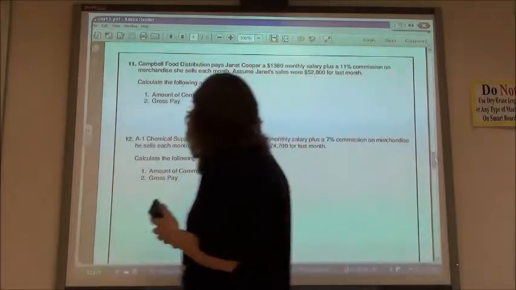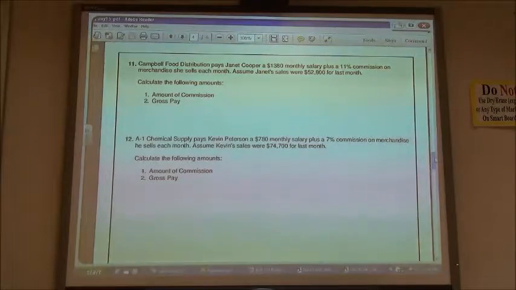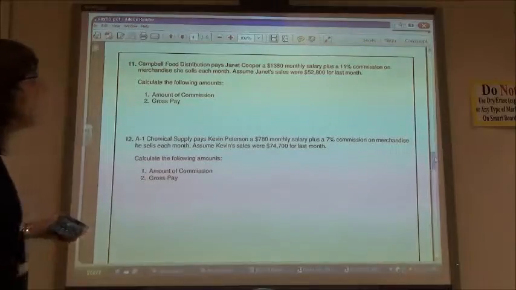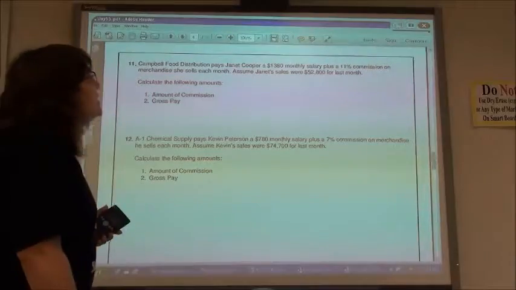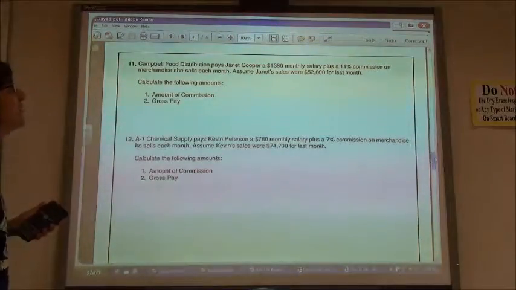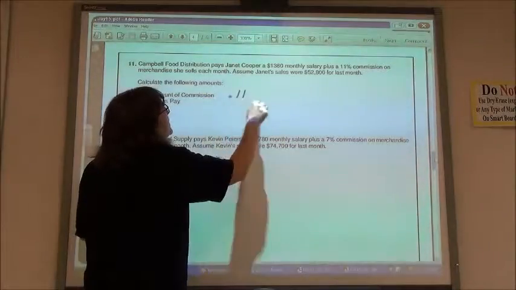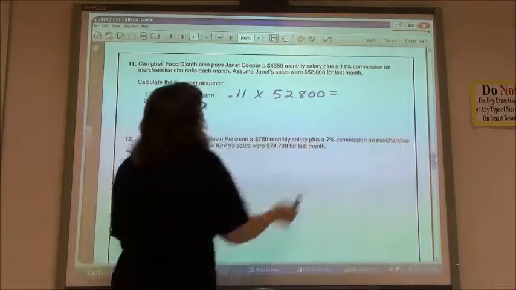Number 11, Campbell Food Distribution pays Janet Cooper a $1,380 monthly salary. She gets that whether she sells anything or not, but she also gets an 11% commission on the merchandise she sells each month. Assume Janet's sales were $52,800 for last month. So for her amount of commission, she gets 11% of her sales, $52,800.